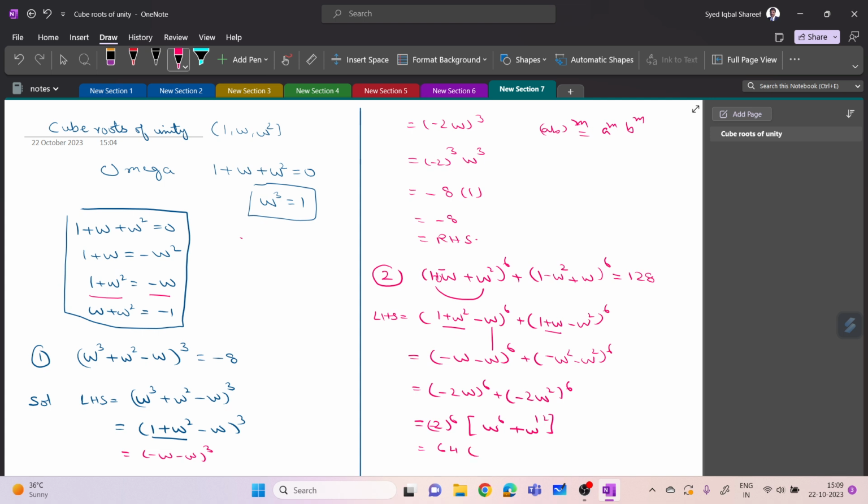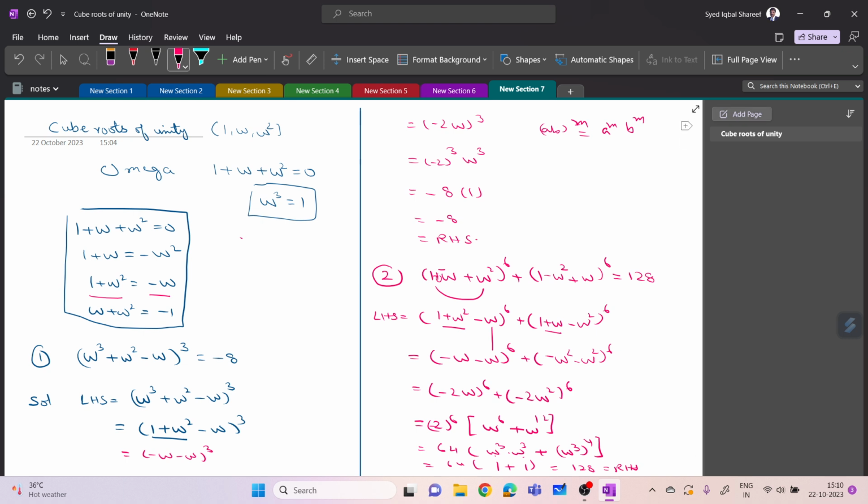Omega to the power of 6 is omega cube into omega cube, that is (omega cube) whole to the power of 2. Omega cube is 1, so 1 to the power of 2 is 1. 1 plus 1 is 2. So 2 into 64 is 128, which is our right hand side.